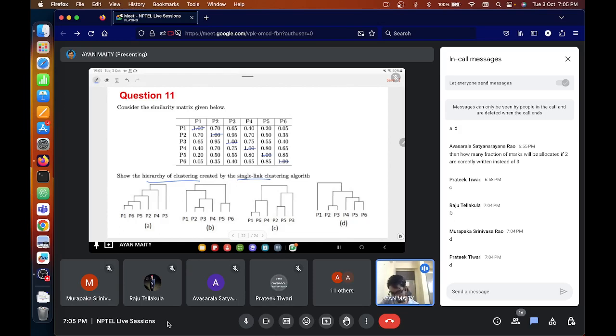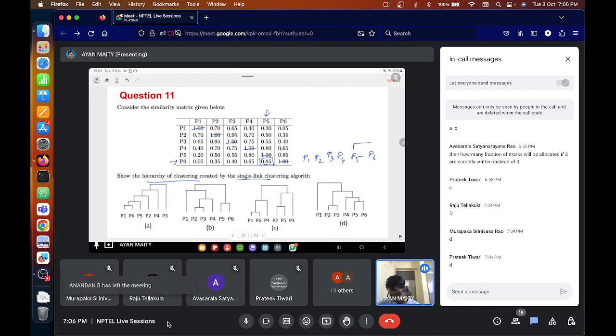Ignoring those diagonal elements, now you have to find the highest similarity. If you go through this table, I think the highest similarity is 0.85, which is between P5 and P6. First you will write P1, P2, P3, P4, P5, P6.